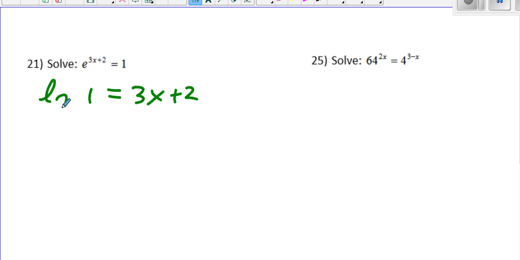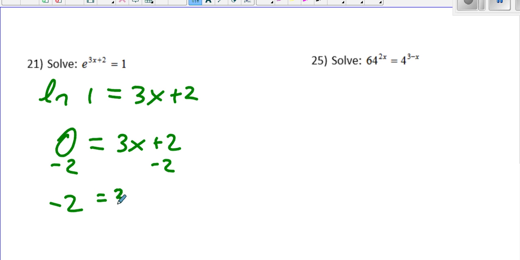So again, just like the last problem we did, natural log 1, anytime there's a 1 next to your log, the answer is 0. Equals 3x plus 2. So you subtract the 2, divide by 3, x equals negative 2 over 3.